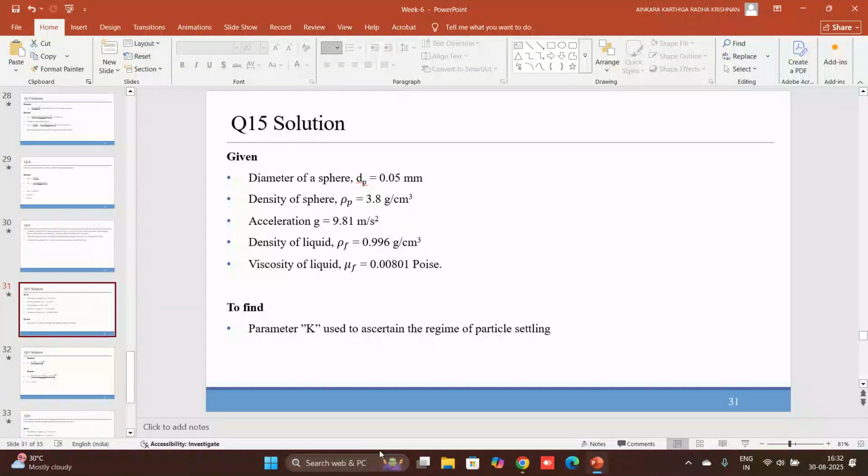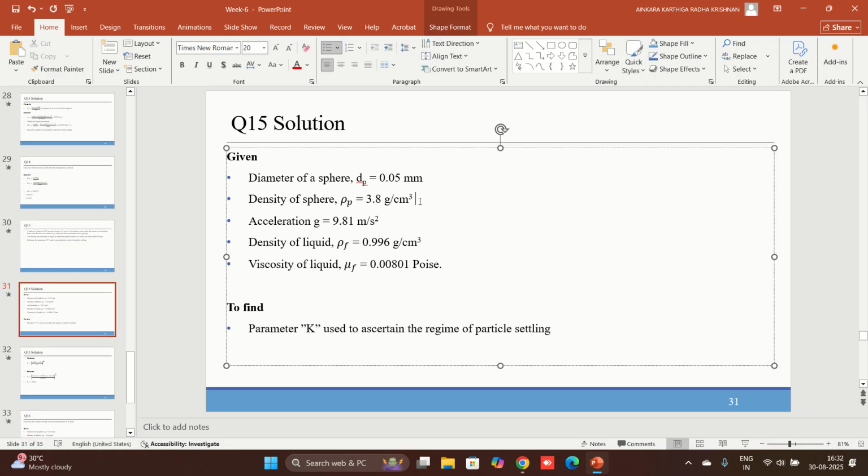first let us write the given data. Diameter of the sphere dp is 0.05 mm and its density is 3.8 gram per centimeter cube, or we can write it as 3800 kg per meter cube. Acceleration g is 9.81 meter per second square.